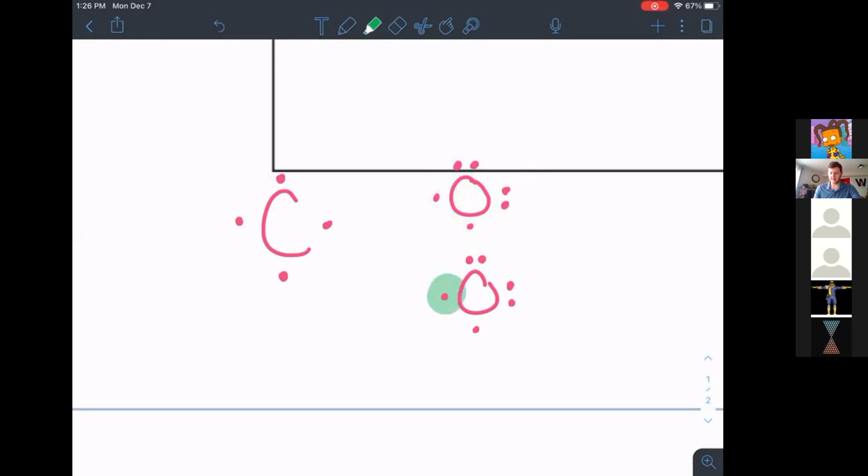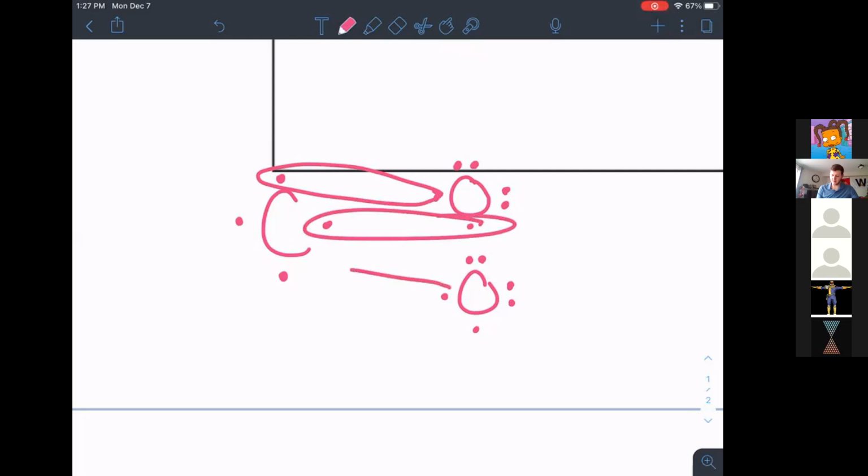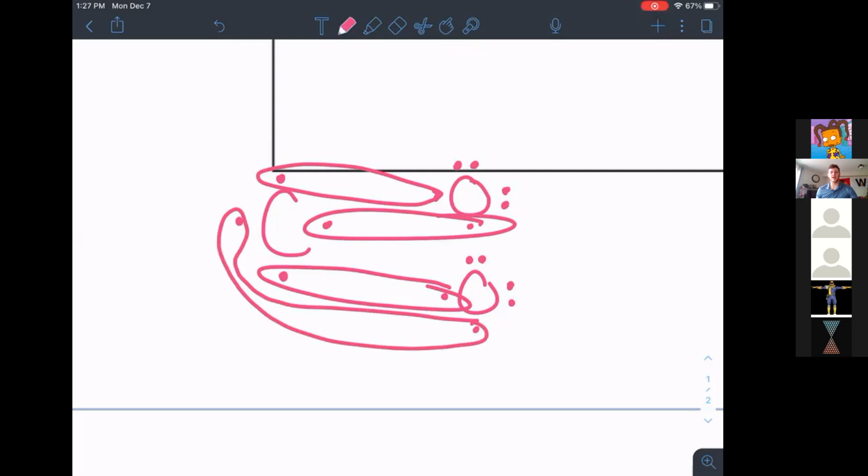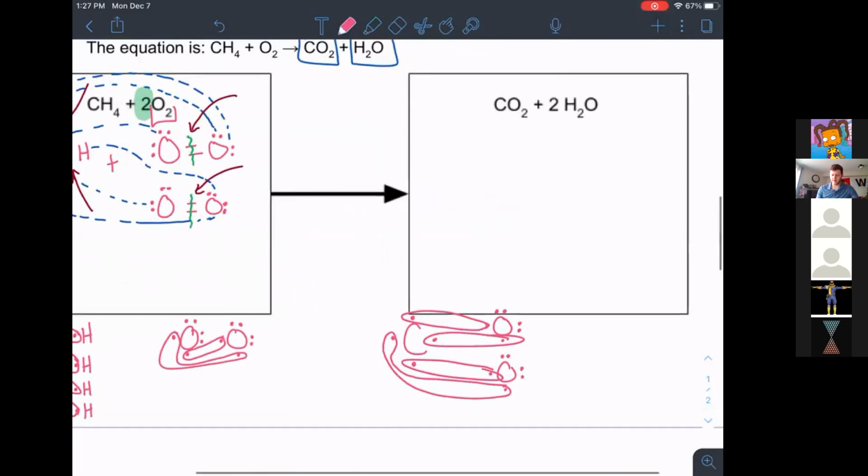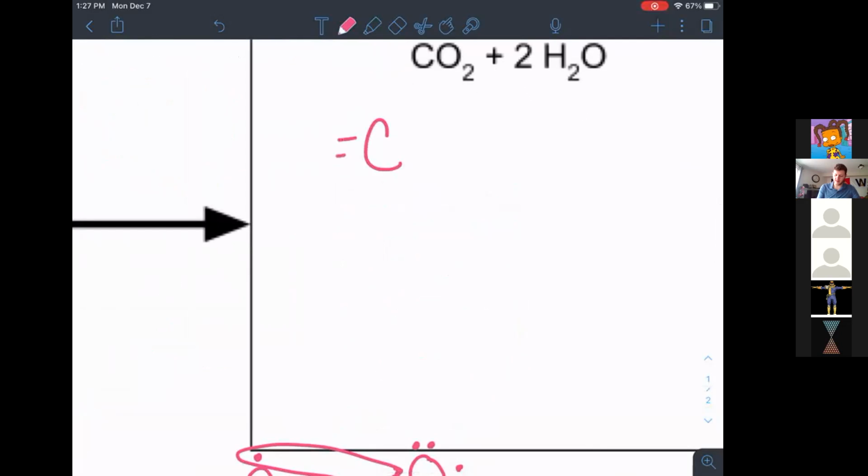How many bonds is this oxygen going to form? 2 bonds. How many bonds is my carbon going to form? 4 bonds. So do my bonds happen between oxygen and oxygen, or oxygen and carbon? Oxygen and carbon. So we're going to show the sharing of electrons between oxygen and carbon, creating 2 bonds shared between the carbon and each oxygen. So we have carbon in the middle with 2 bonds, 1 on either side.